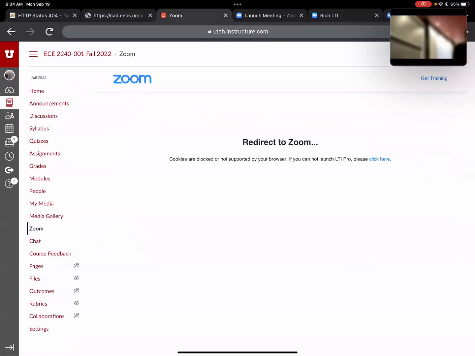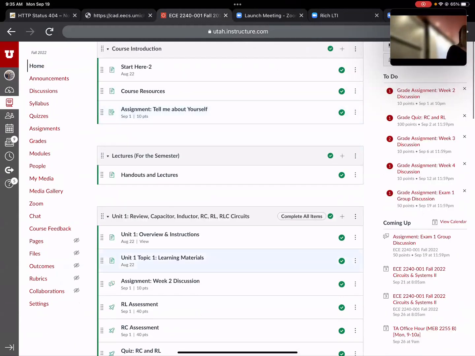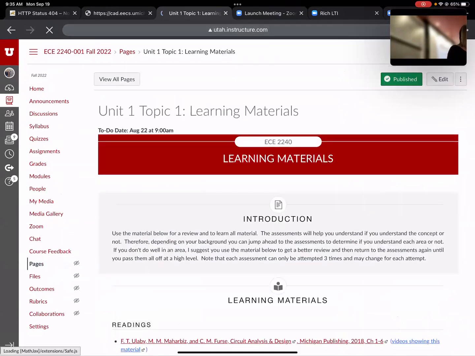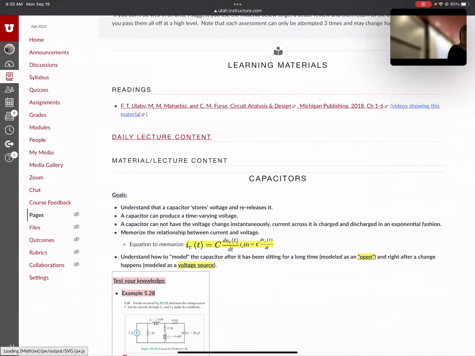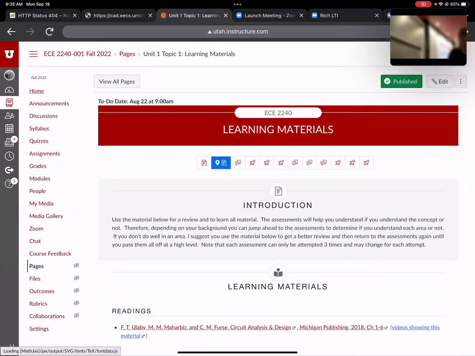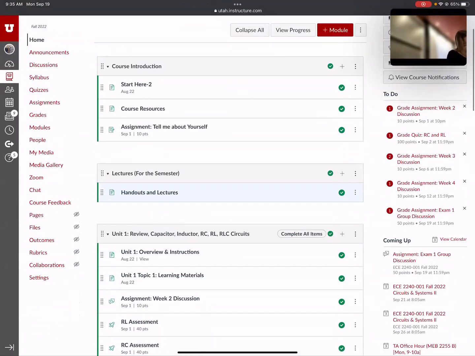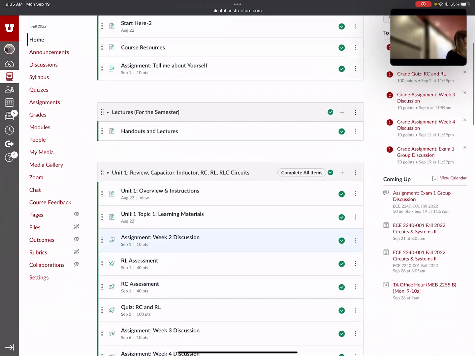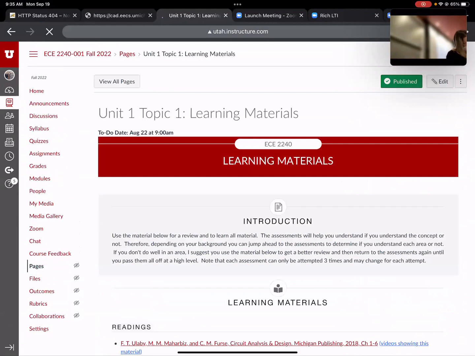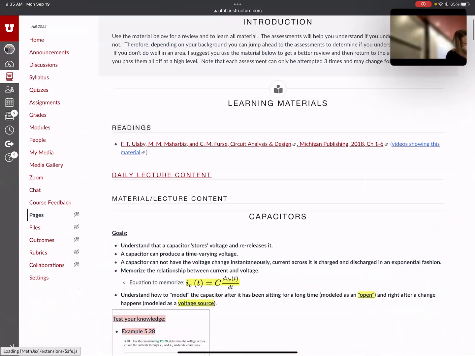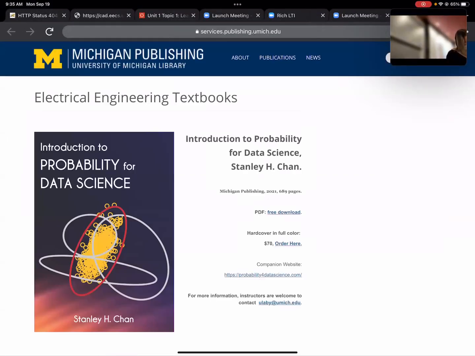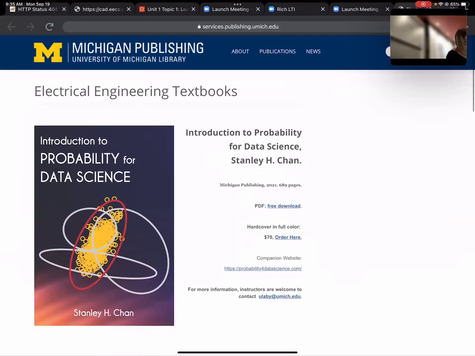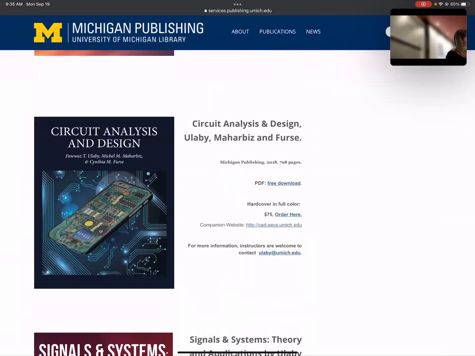If you go to the learning materials, under the Unit 1 learning materials, go down to the book and then its companion website.